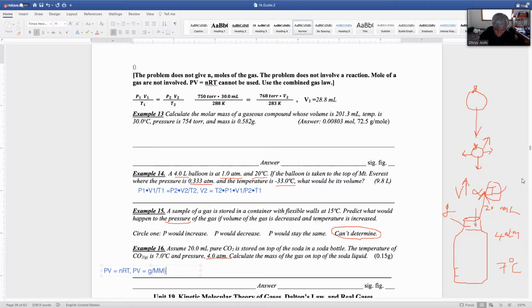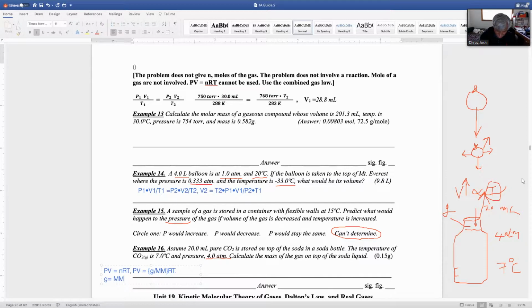I'll put it in parentheses so that I have an easier time manipulating my numbers. R is the same and P is the same. So I write it down. Now, I have to find grams, so I have to isolate grams on one side, everything else on the other side. Grams equals, molar mass is going to be in the numerator.